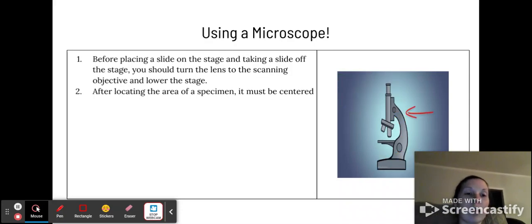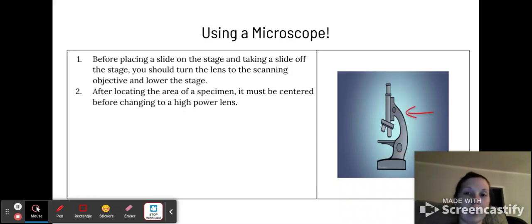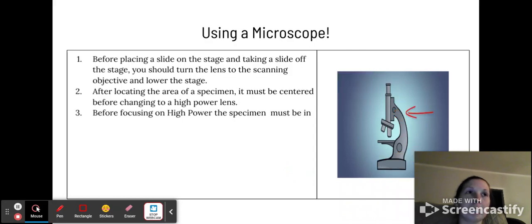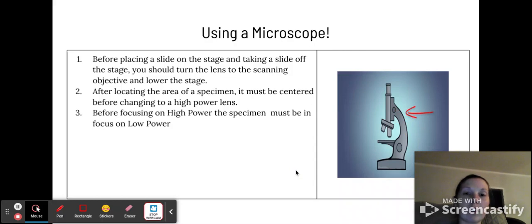You don't want to scrape the slide with the lens. After locating the specimen, it must be centered before you change to a higher powered lens. So you do want to move the slide as best as you can to get the object in question in the center. And then before focusing on the high power on the specimen, you must focus with the low power.